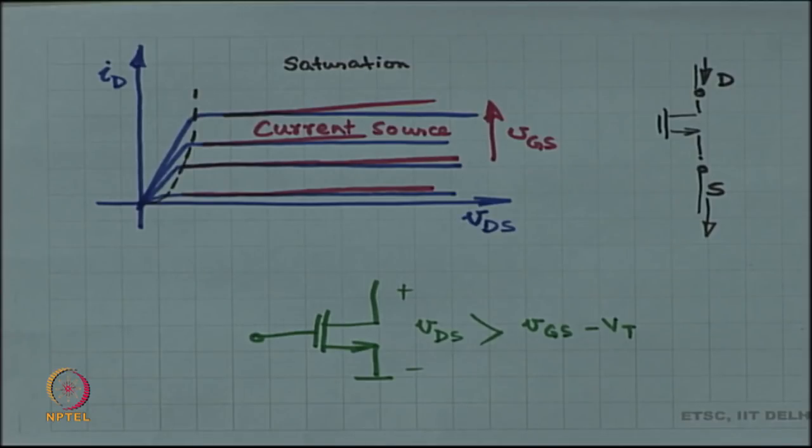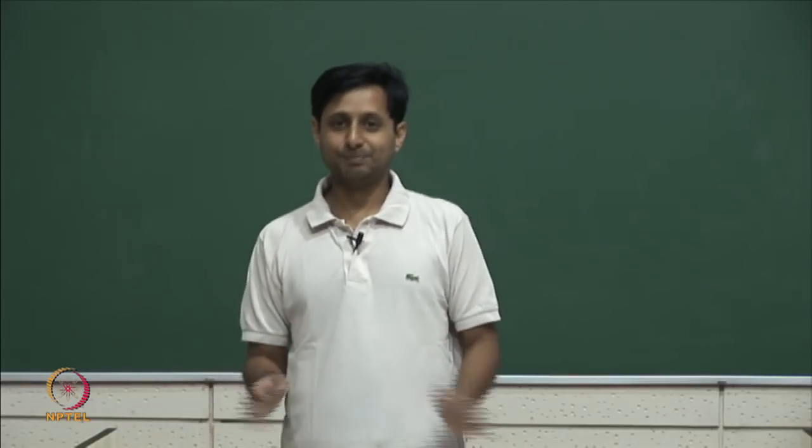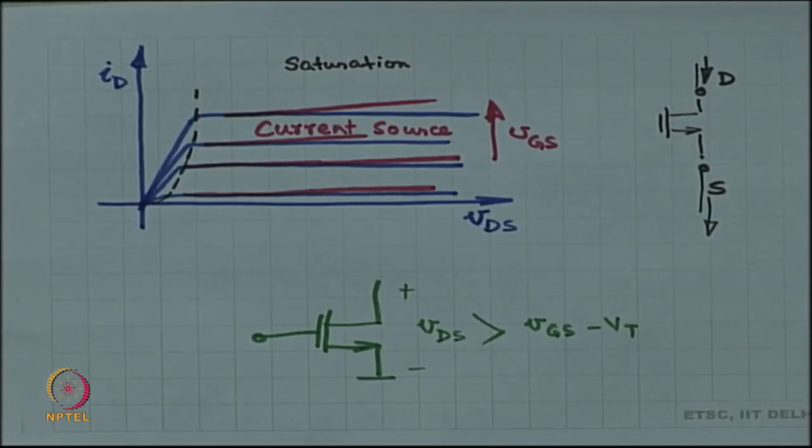Okay. Now, if things were so simple, then I would not be talking about this as a chapter. Things are not as simple as this. You are not really very happy with this kind of restrictions. So, you have got two restrictions.